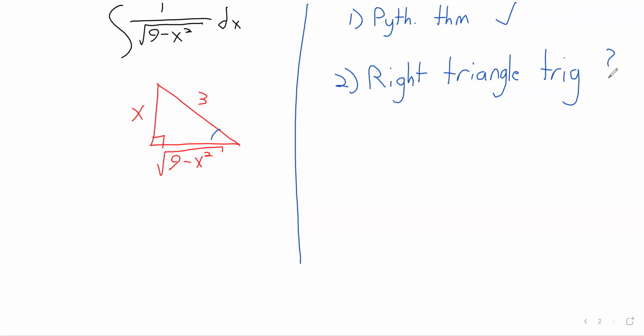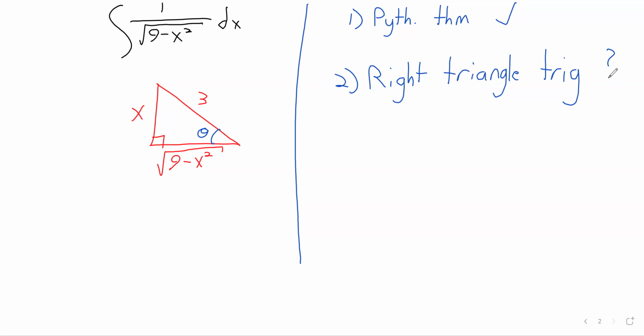But I could label one of those angles if I wanted to. I could call that angle theta, and then we could make statements about the sine and the cosine and the tangent and the secant or whatever.